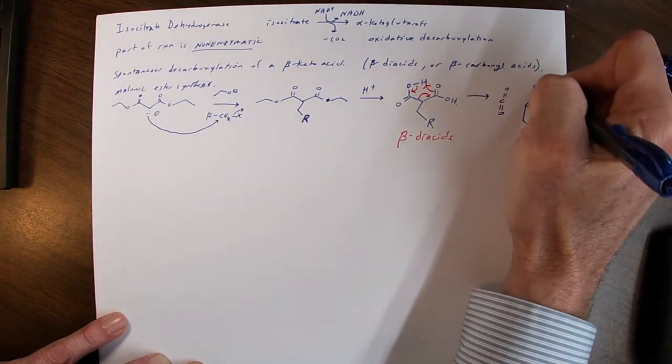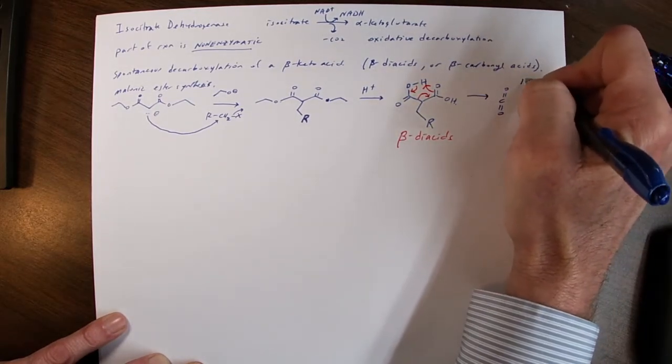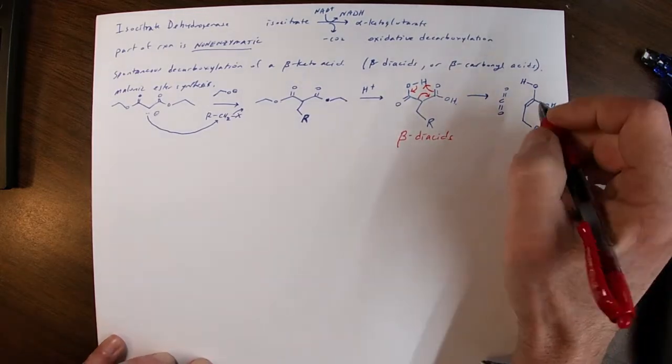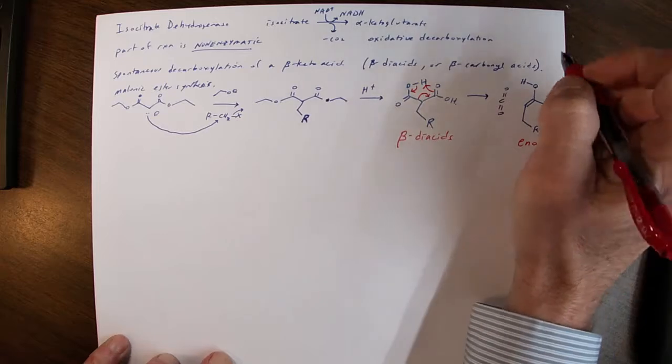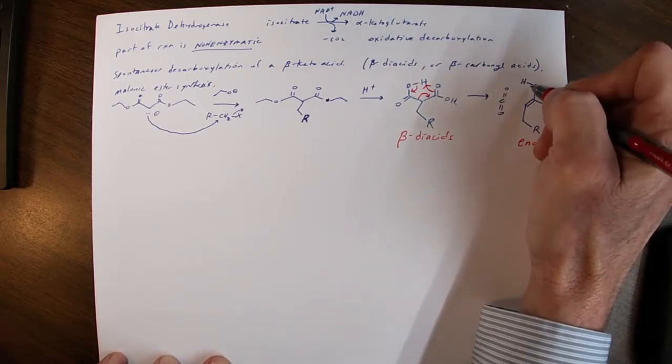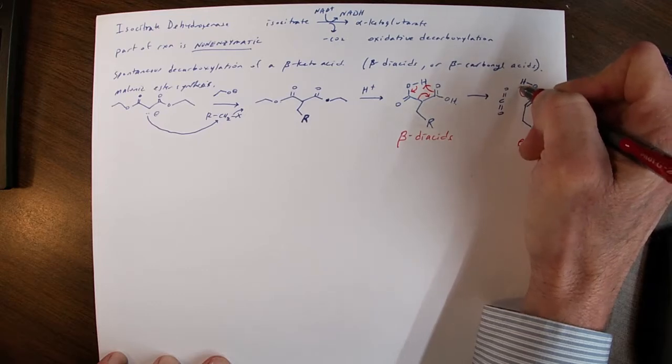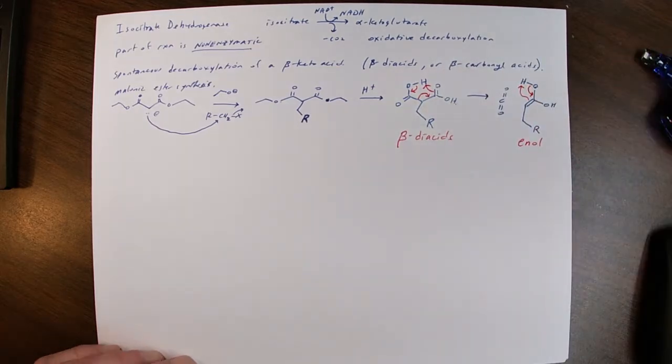It's just so unnatural for me to show a bond to a hydrogen. Okay, so again, this is your enol, which will tautomerize. So this electron pair comes in, and this electron pair picks up that proton.